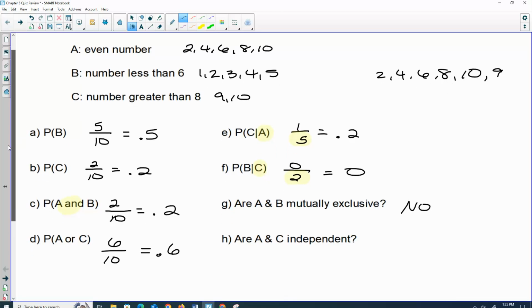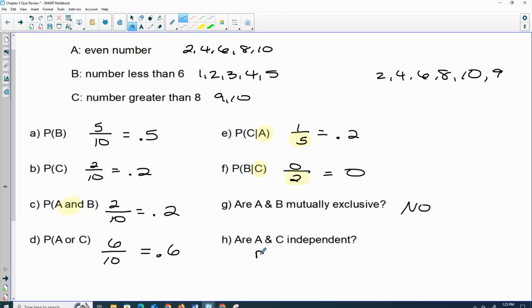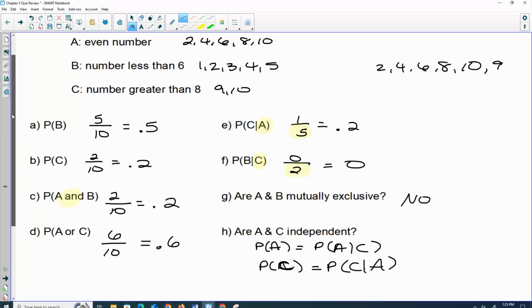The definition of independent says that the probability of C has to equal the probability of C given A if they're independent. Even if one happened, the other didn't change.